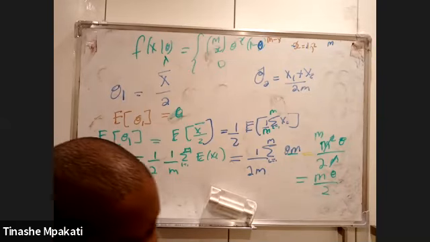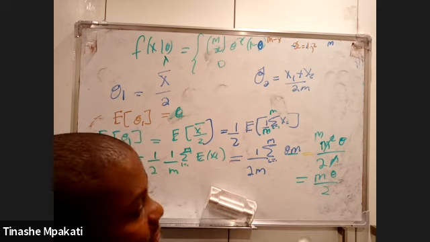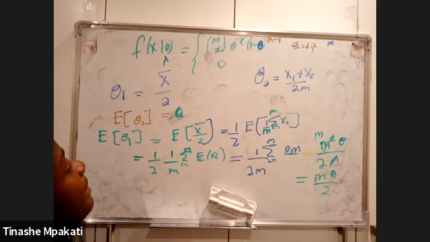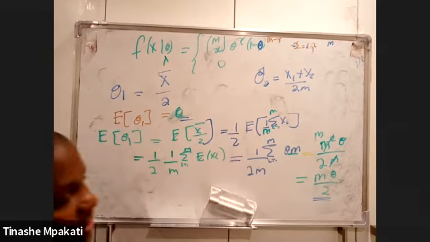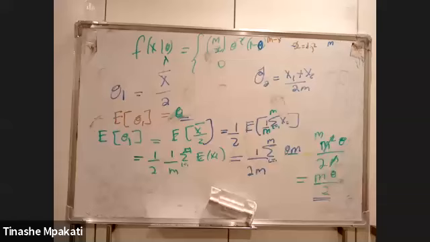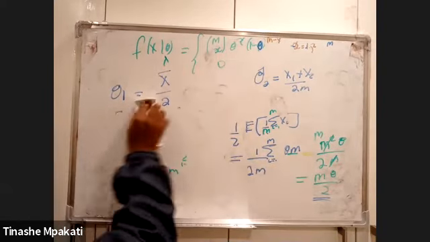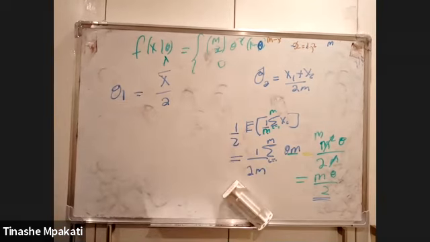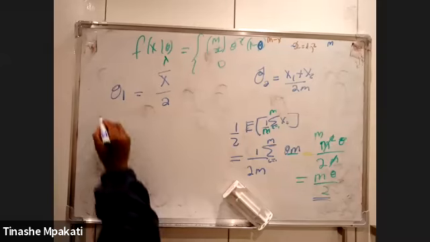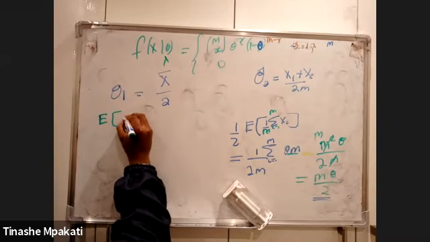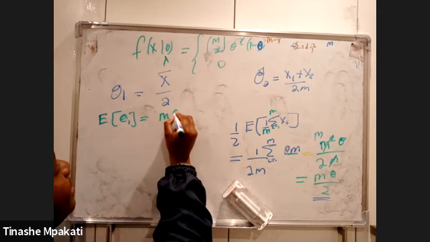Which in this case is definitely not unbiased. This is biased because we are not getting the parameter of interest that we wanted, which is theta. So if the question asks you to find the estimator which is unbiased, you just have to work around with what you have there, because we know the expectation of this theta 1 is m theta over 2.